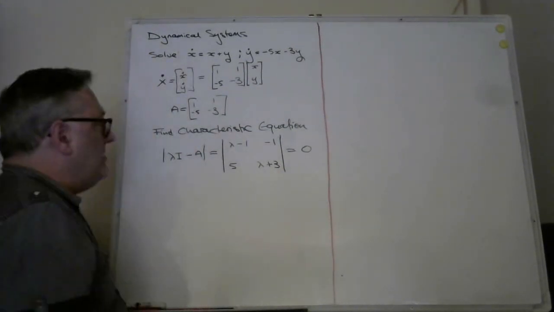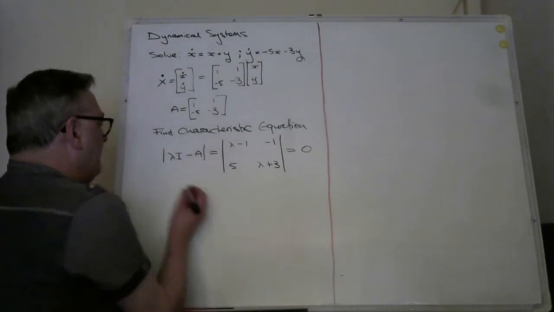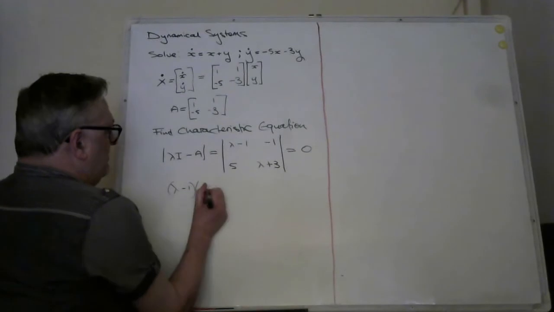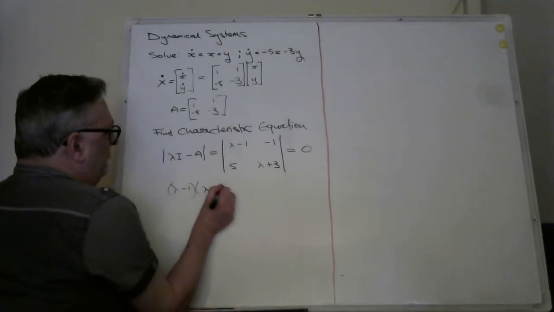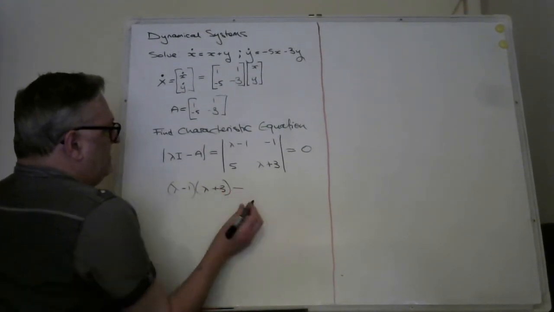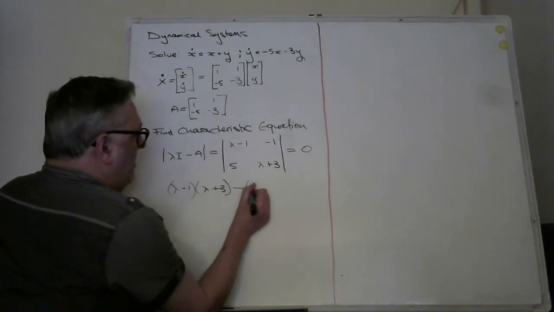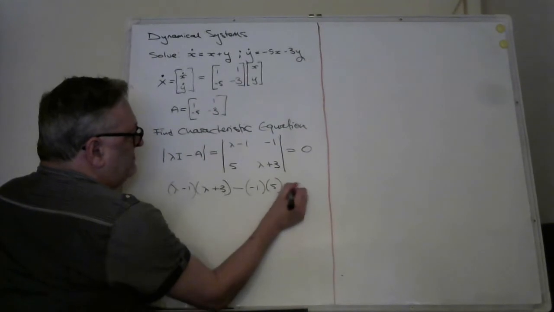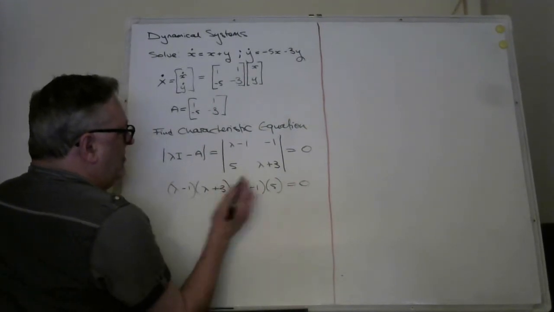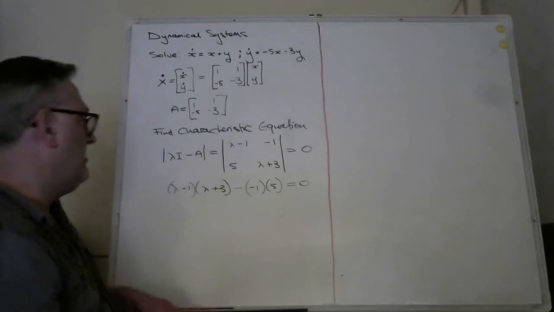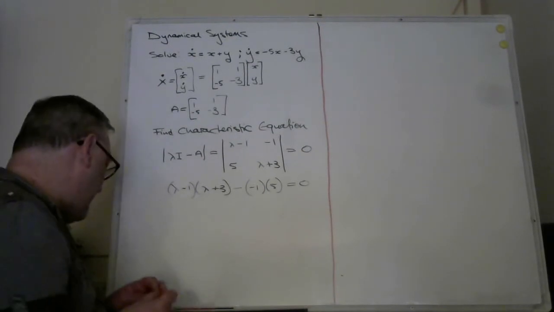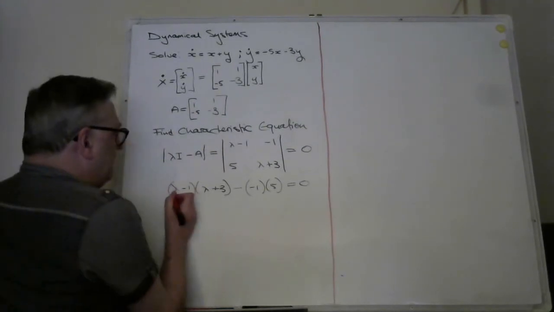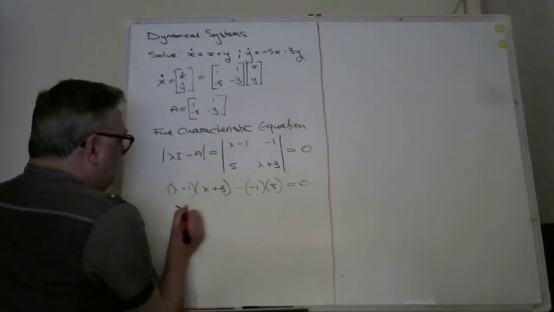Okay, so if this is equal to 0, then it means that lambda minus 1 times lambda plus 3 minus a minus 1 times 5 is also equal to 0. And there we are. So what does that come out to be? A lambda times a lambda is a lambda squared.